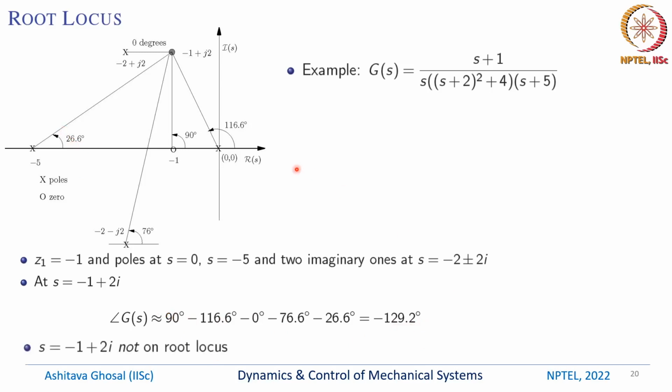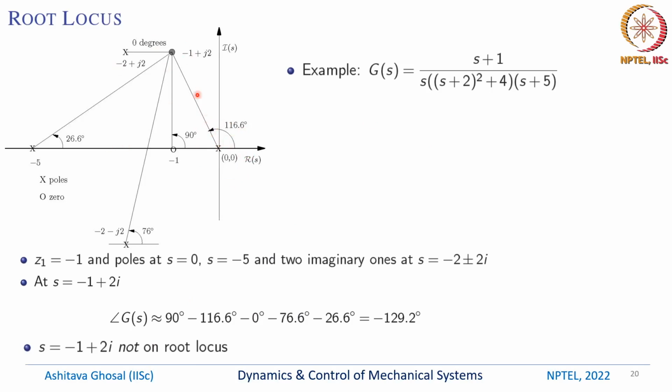So this point is not on the root locus because it does not satisfy the condition that the sum of these angles should be equal to 180 degrees or k times 360 degrees. So pick any point in the s-plane, and for this transfer function we can compute the angles in this manner by drawing these lines and looking at these angles.